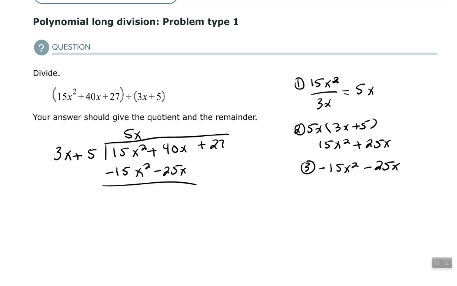All right, let's simplify that. 40 minus 25 is 15x. Bring down the plus 27. So after you bring down, you start the process over with the 15x plus 27.